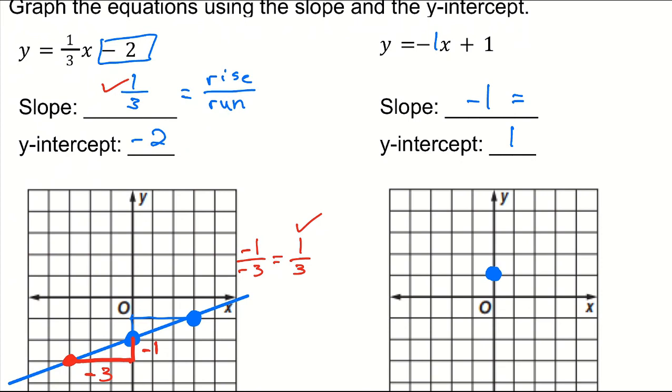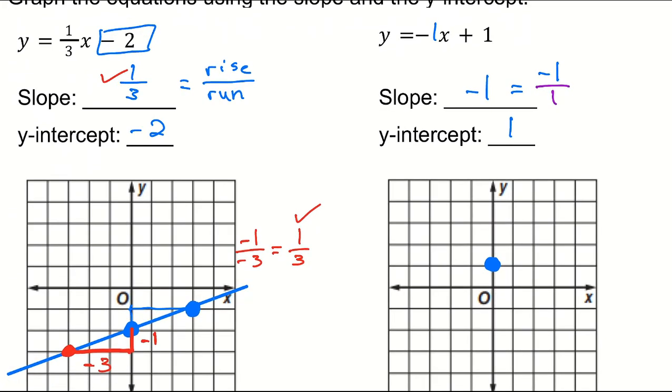And the way that you make these whole numbers into fractions is you put them over 1. So I'm going to put my -1 up here, but then I'm also going to make it into a fraction. So now I have a rise and I have a run, because that gives me the ability now to move from my y-intercept.